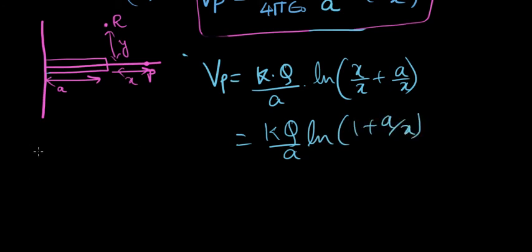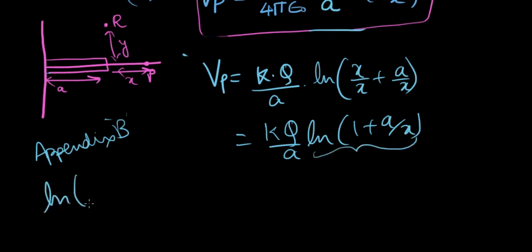Now if you refer to appendix B of the textbook, I think there is an expansion to this very term. Natural log of 1 plus a over x can be written as, in fact, let's call this u for now so that it's simple to understand.